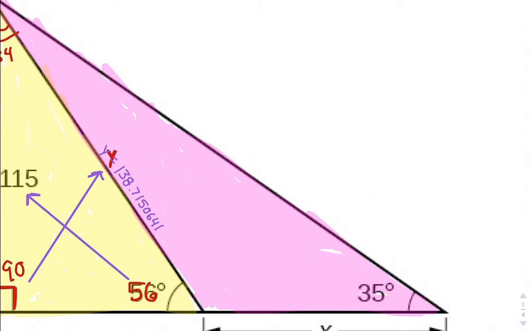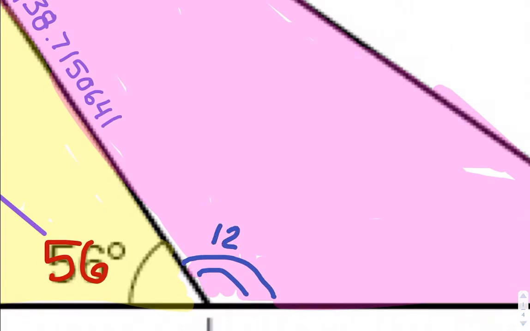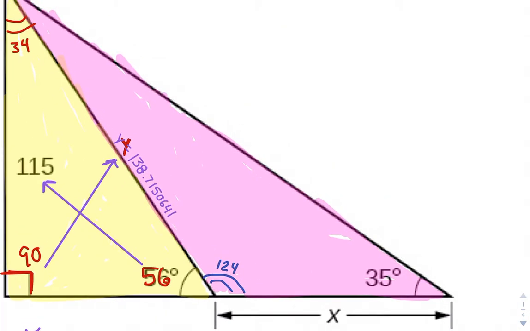Well, if you notice though, 56 and that angle are on a straight line, which means they're supplementary. So they must add up to 180. So I do 180 minus 56. This angle is going to be 124. Now to figure out this last angle up here, a triangle adds up to 180. So I do 180 minus 124 minus 35, and this top angle is 21.